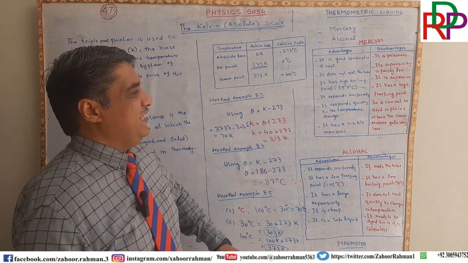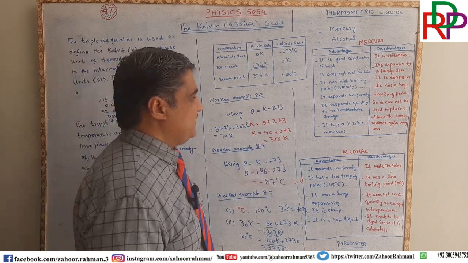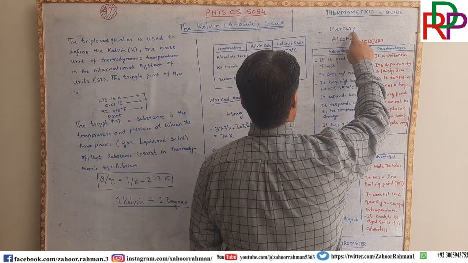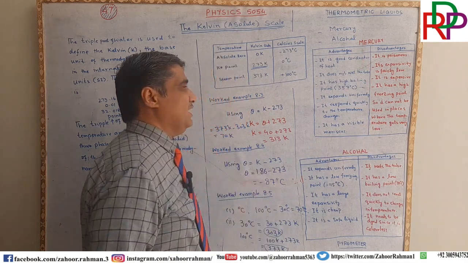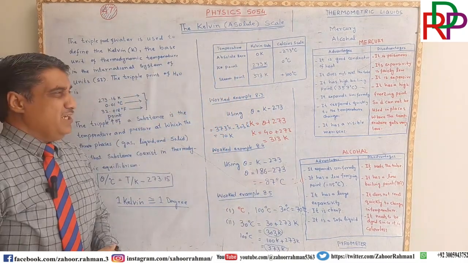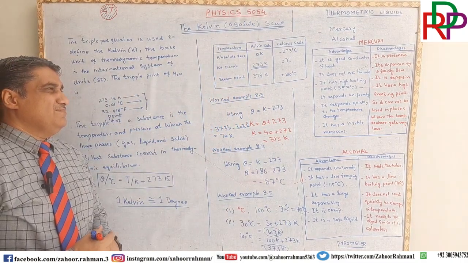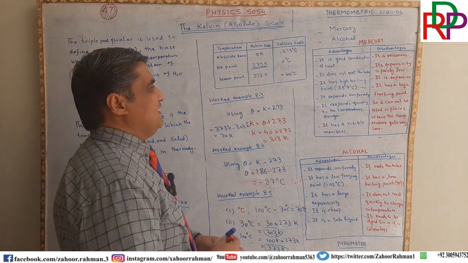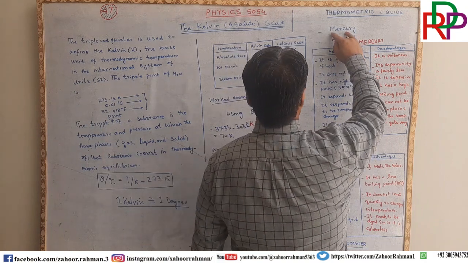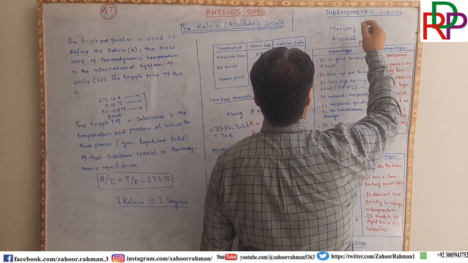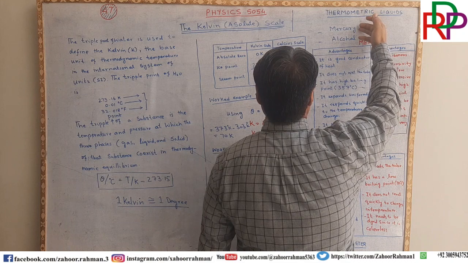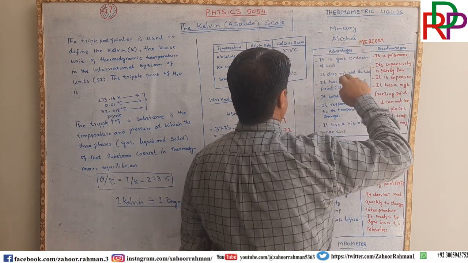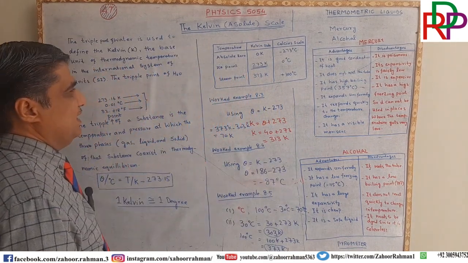We will discuss that, but first we have to say that there are two: mercury and alcohol. Before going into the detail, I am telling you that mercury is used to measure a bit higher temperature than the thermometer using alcohol.